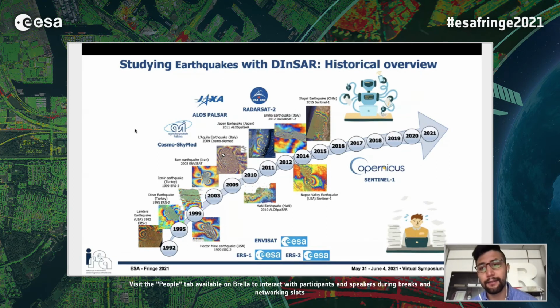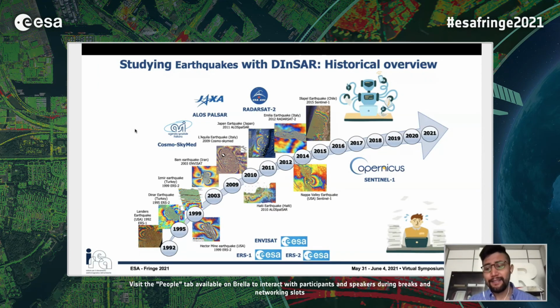Thanks to the Copernicus program, and Sentinel-1 specifically, we can obtain information, and in this new era it is possible to generate in an automatic way, using different algorithms and tools, the information related to interferograms for studying earthquakes.